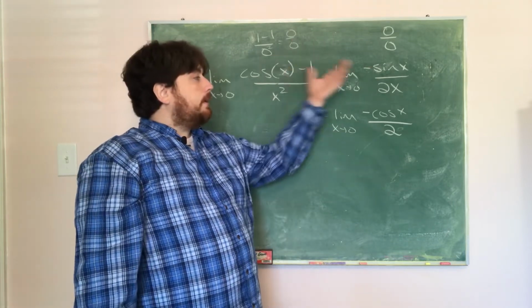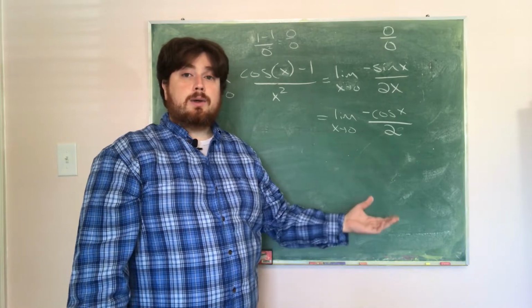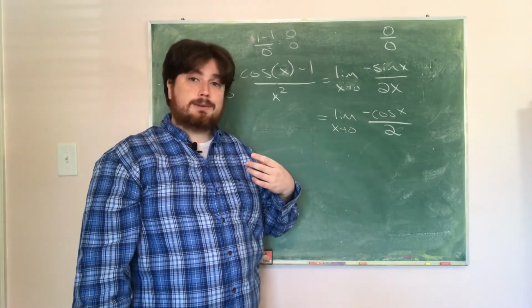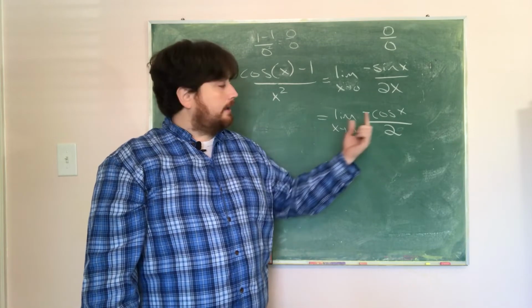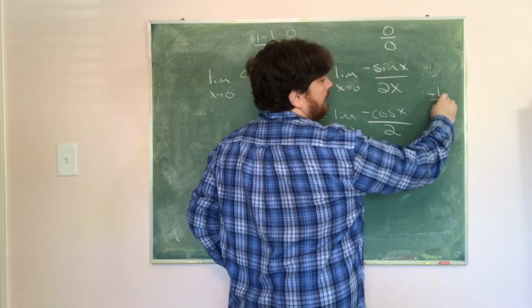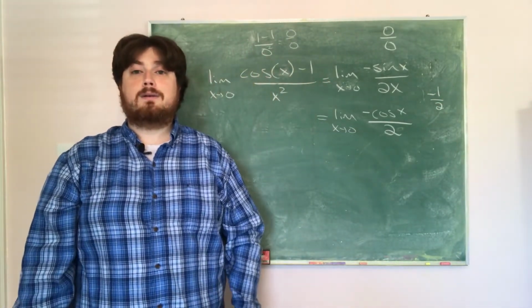Again, we've taken one limit and converted it into another using L'Hopital's rule. So we're going to try to evaluate it by evaluating at 0 and see what happens. If we do that this time, we get negative cosine of 0, which is 1. So we get negative 1 over 2, which is negative 1/2.